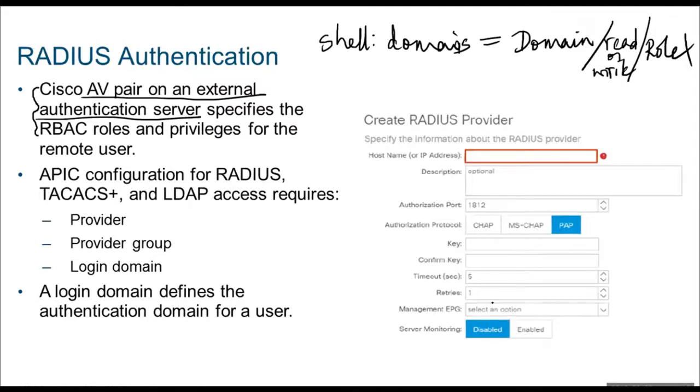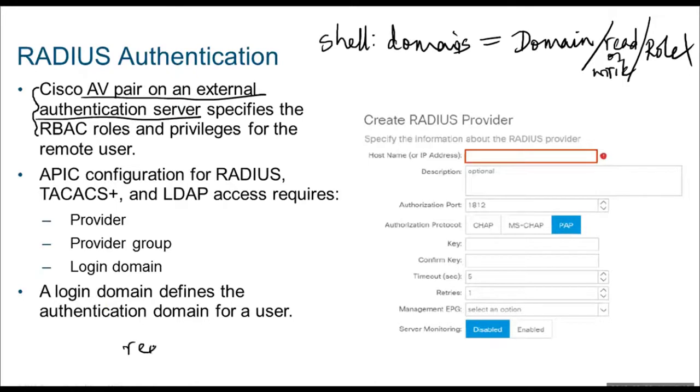After you've done that, you should actually configure what is called a login domain. A login domain is going to ask you, hey, give a name, optionally a description, and which realm. Now, realm means just this word, realm.